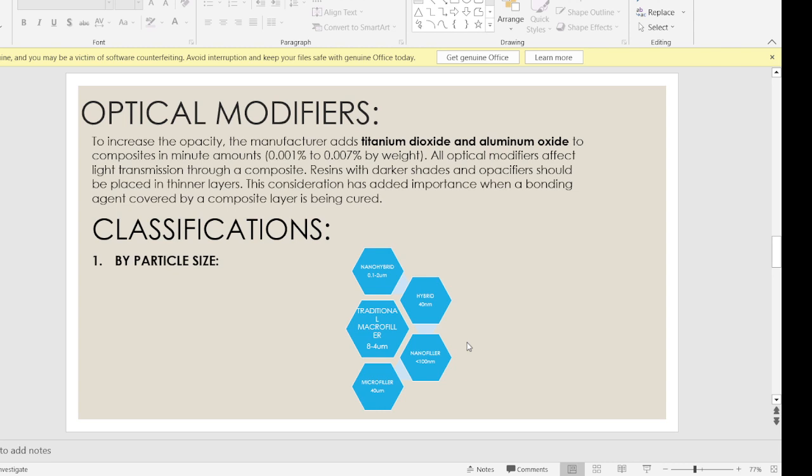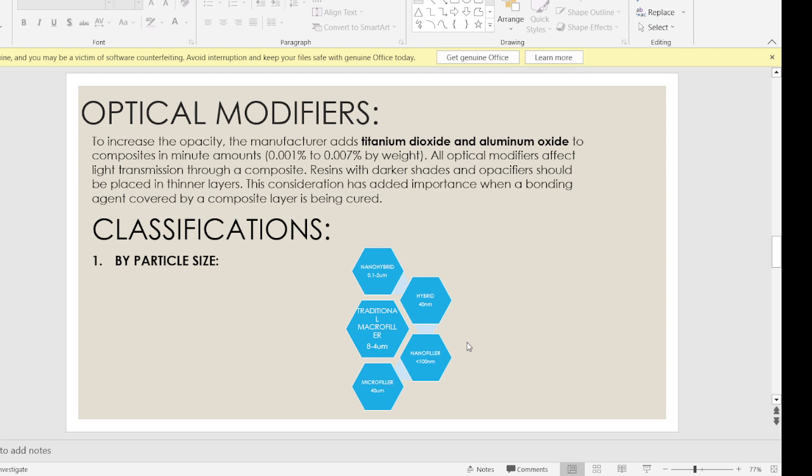Now the other composition is the optical modifiers, which help to increase the opacity. For example, we add titanium dioxide and aluminum oxide to the composite in a very small amount, around 0.001% to 0.007% by weight.